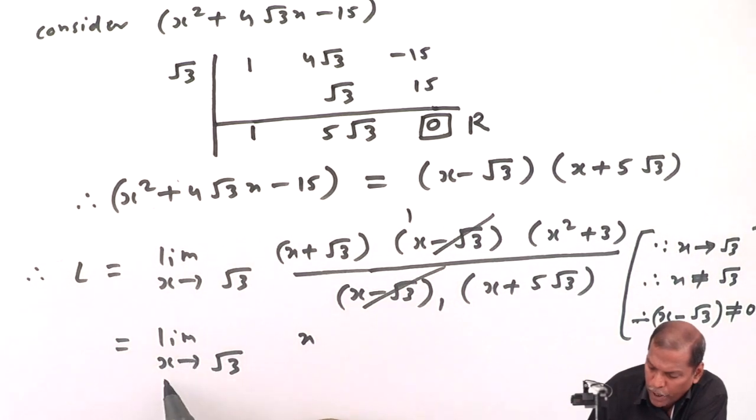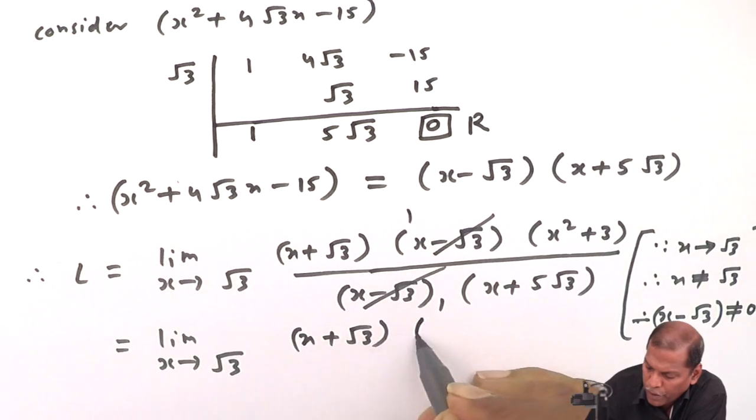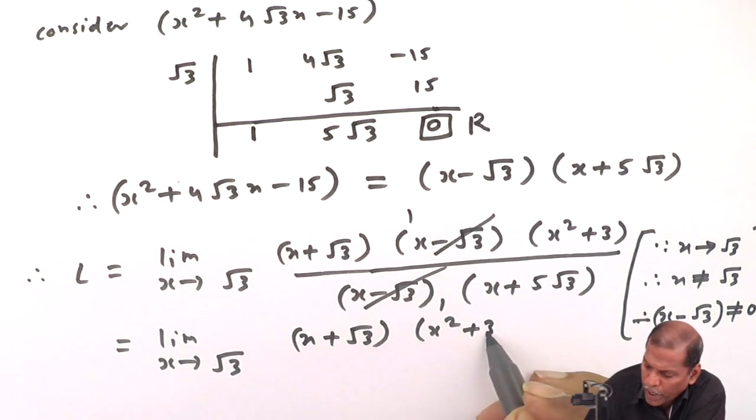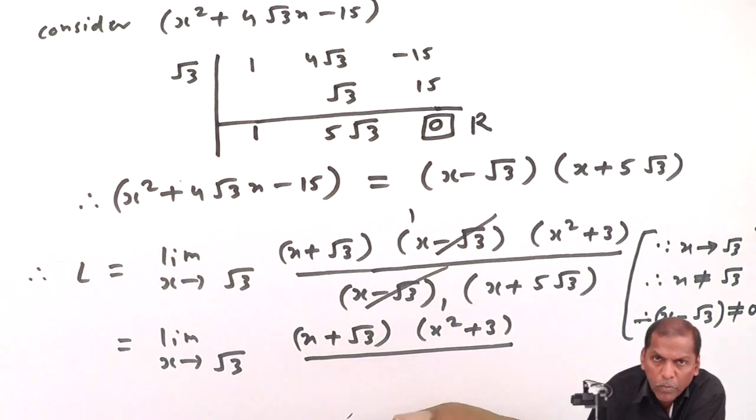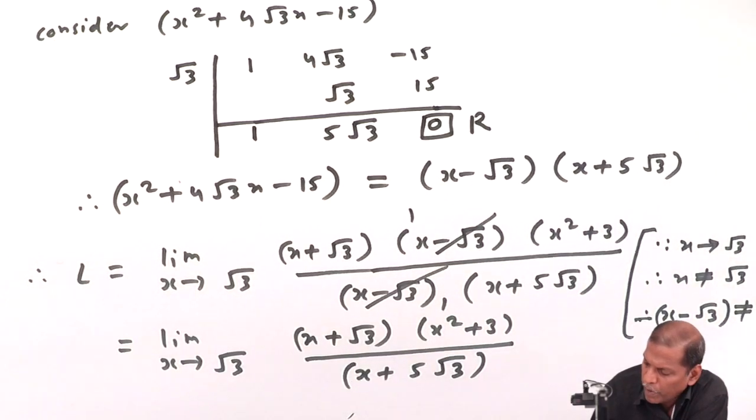Now the next step will be limit x tends to root 3, (x plus root 3)(x square plus 3) in the numerator, whole thing divided by (x plus 5 root 3) in the denominator.